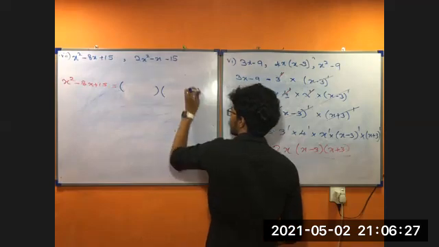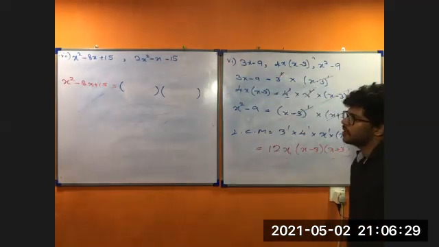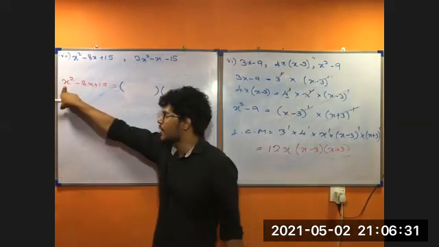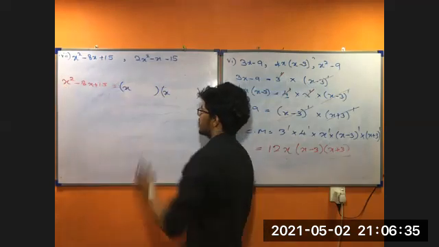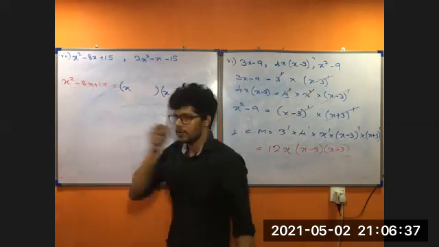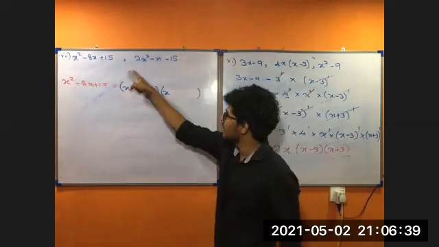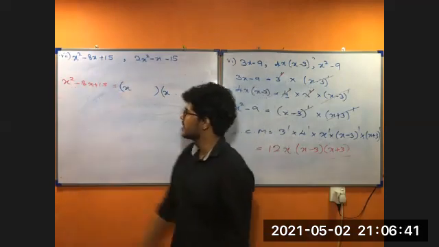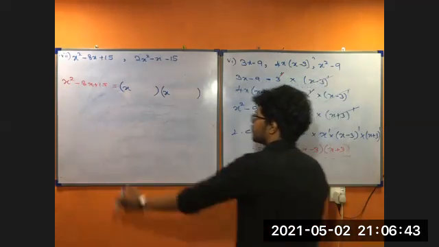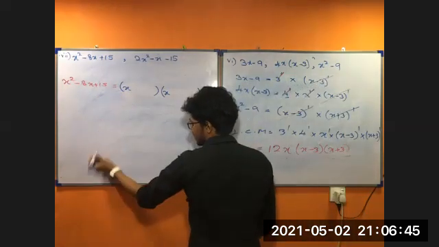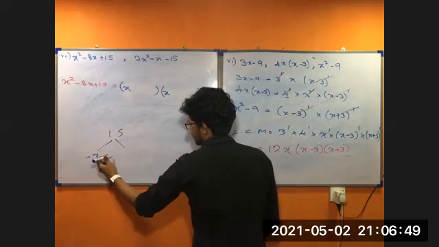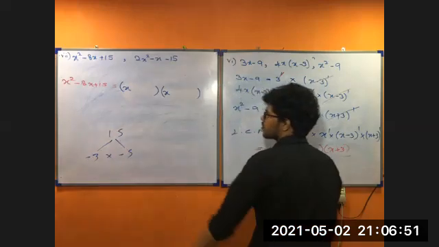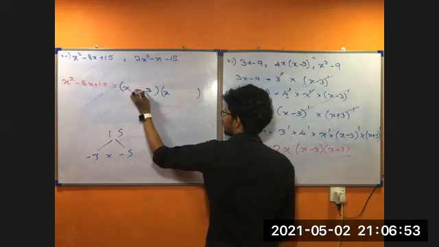It is going to be a multiplication of two brackets, right? The first terms are going to be x and x, because x times x gives x squared. Then for 15, I selected -3 and -5, so it is going to be (x - 3)(x - 5).